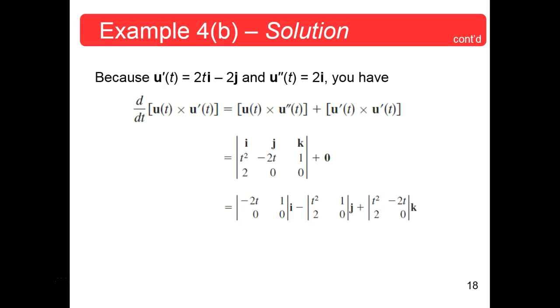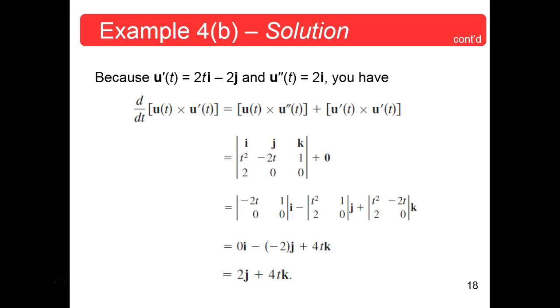We've done it about 3 different ways and gotten the same answer. I think our way was a little bit easier than this way. Though this wasn't bad because your u prime cross u prime has to be the 0 vector.